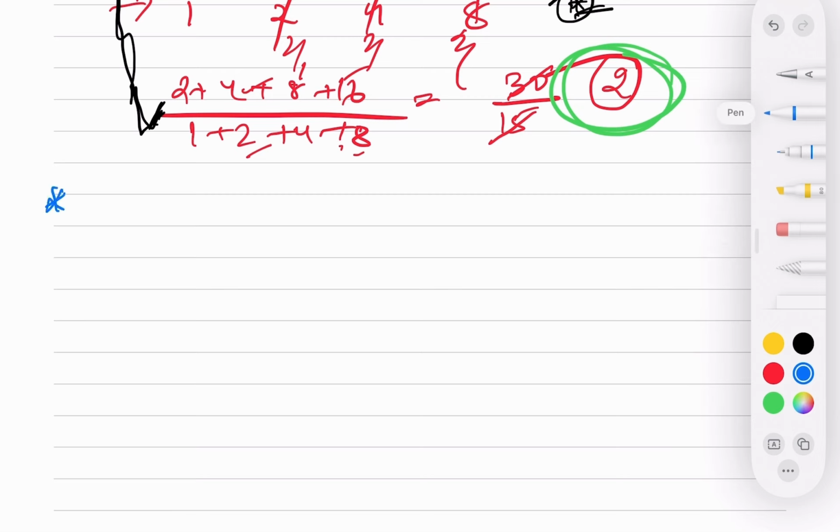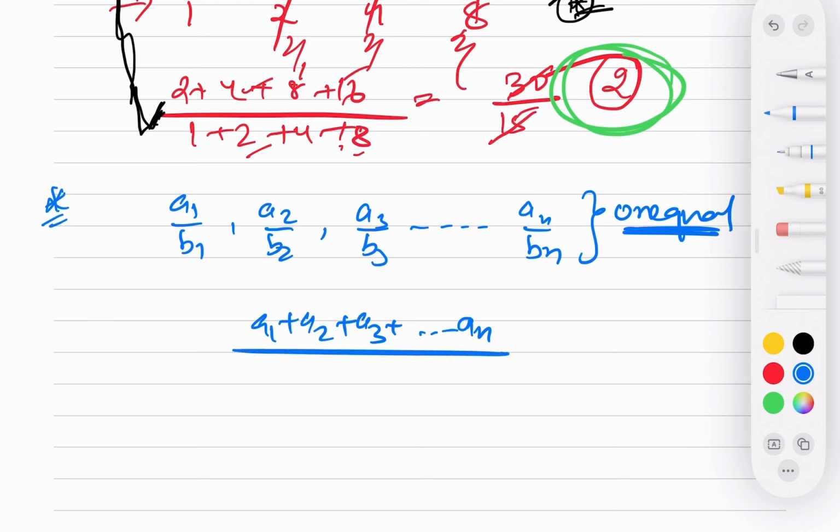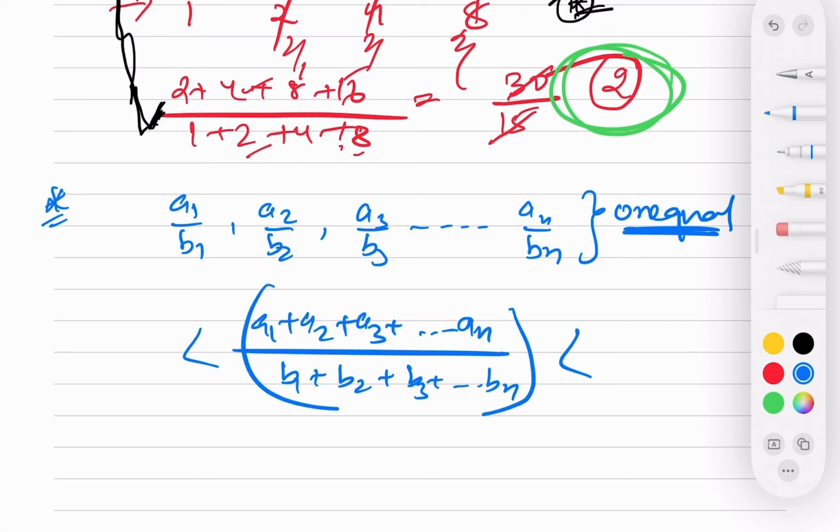फॉर एग्जाम्पल लेट्स से a1 b1, a2 b2, a3 b3, so on an bn, and they are unequal ratios. In that case a1 plus a2 plus a3 so on an upon b1 plus b2 plus b3 plus bn always lies between the lowest and the highest of the ratio.